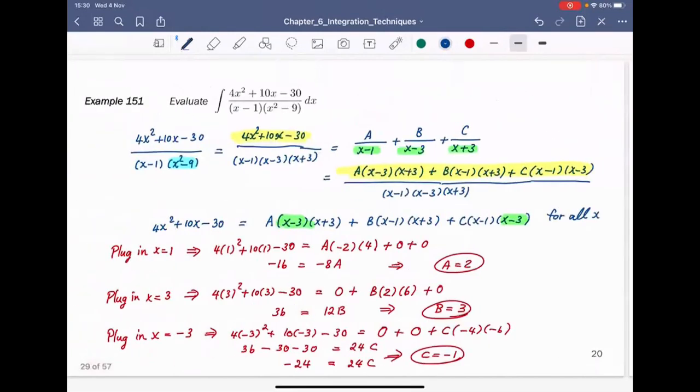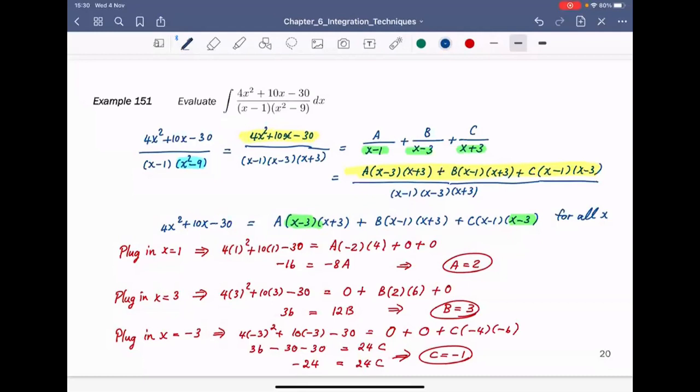For this technique, it's going to be your experience that you have to pick your x values so that you can cancel out a, b, c. Sometimes you pick values and a, b, c do not cancel, so you have to solve for a, b, c from what you have left. Yes, Serapop, you have to solve a, b, c from what you have left if you pick the wrong one. Suppose I don't know anything, I pick x equal to 0, x equal to 2. That will not help me, but I can start solving for A, B, C from there anyway.